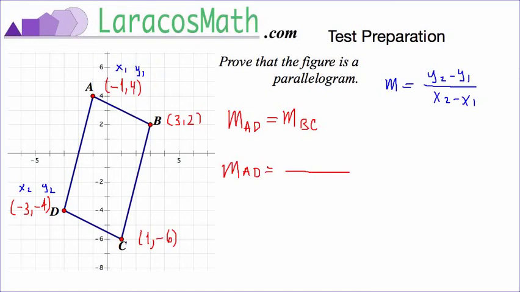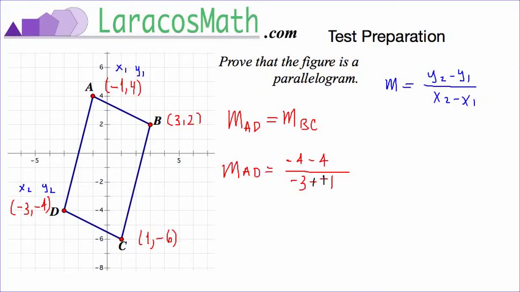So y2 is -4 minus y1, that is 4, over x2, that is -3, minus x1, that is -1, is -1. So check, we have a double negative over here. So we need to change into a positive. Negative times negative is now positive.